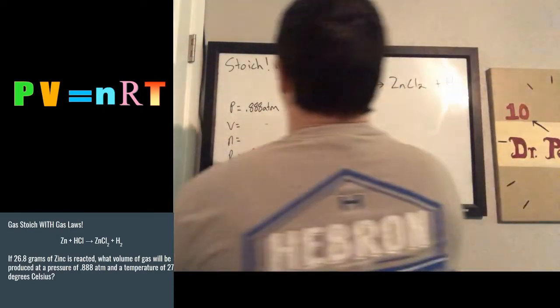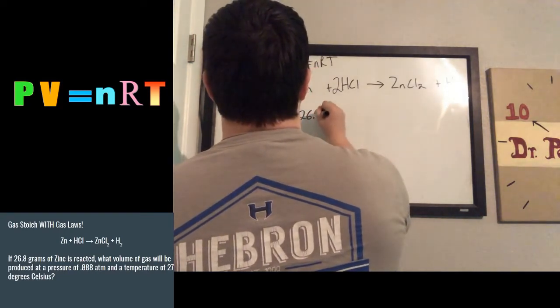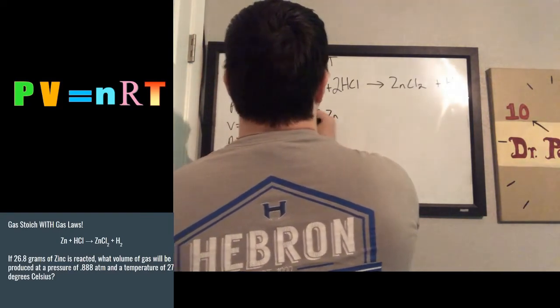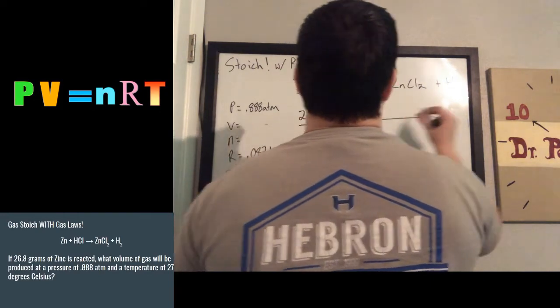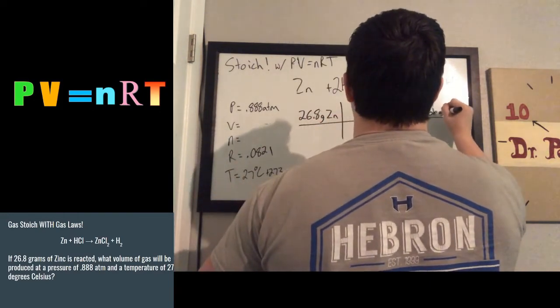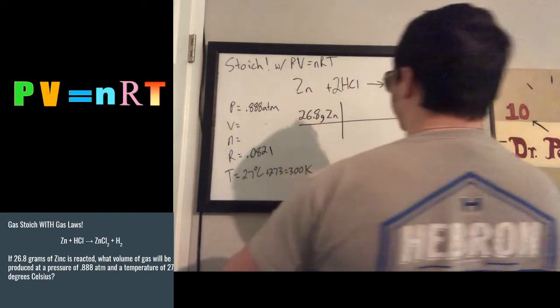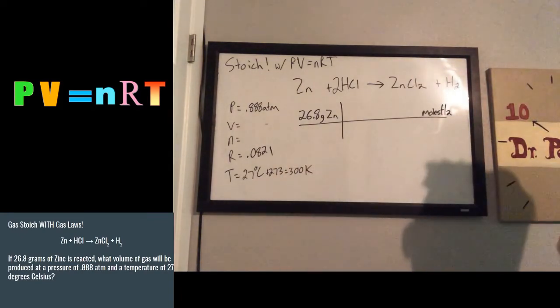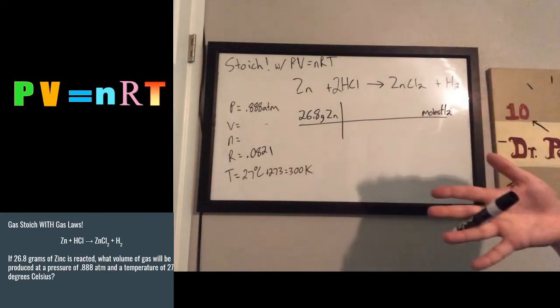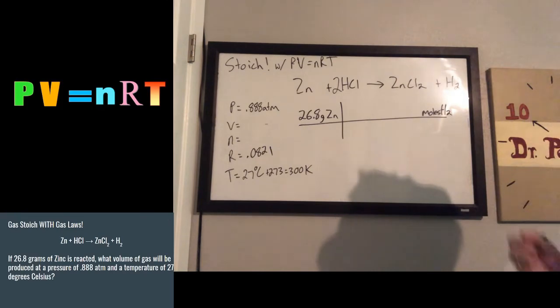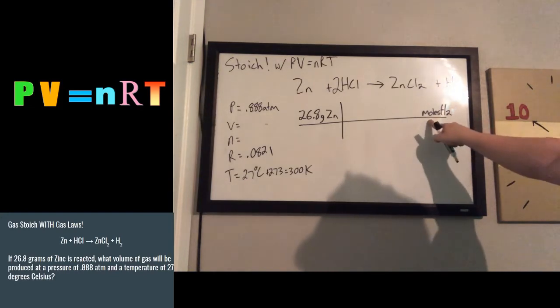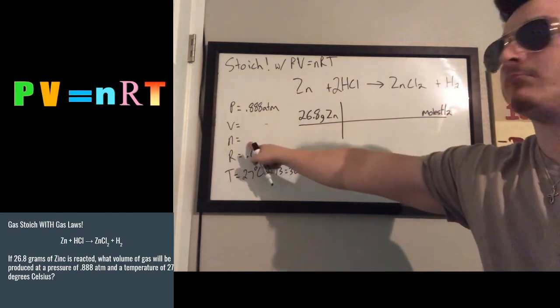Next, we started with 26.8 grams of zinc. And we need to find moles of H2. We are not going to solve for liters of H2 because that last step, when we convert from moles of H2 to liters of H2, would not be accurate because we are not at STP. So we are simply going to convert to moles of H2 because remember, n is measured in moles.